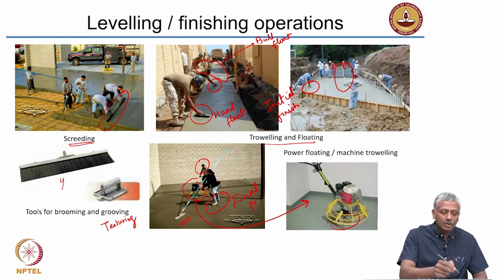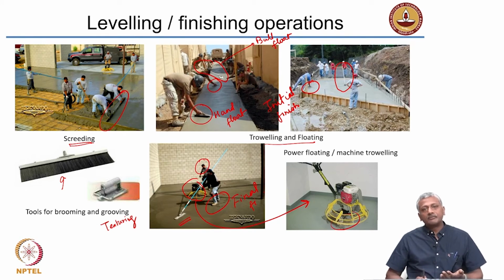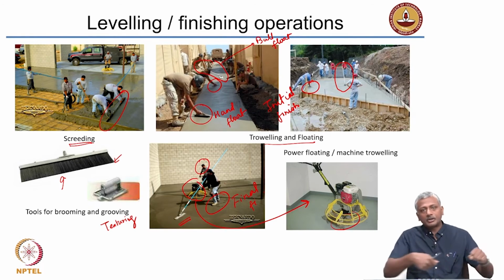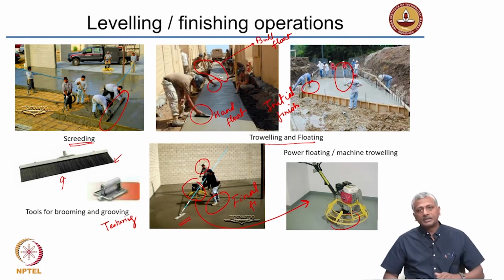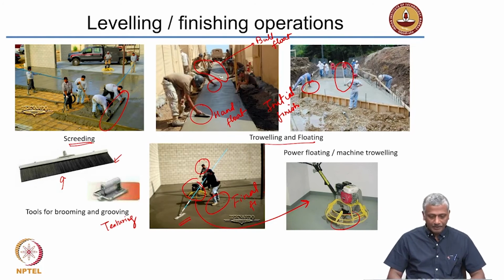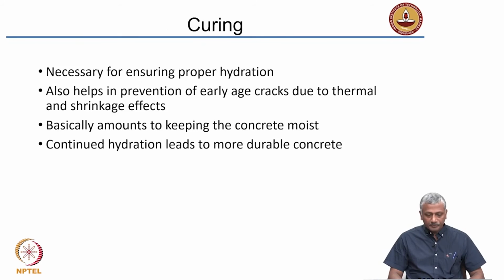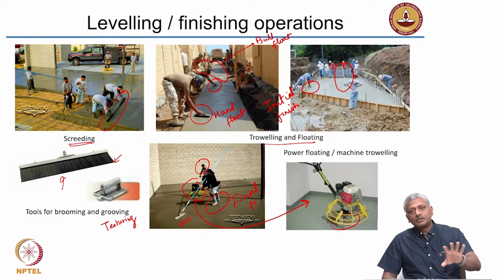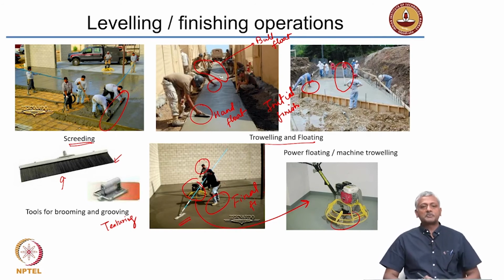Or sometimes you may want to have a slightly rougher surface which has a broomed finish. So, you take this broom which has these sharp bristles at the edge, and you rub it on the concrete surface and give a broomed finish. In most cases, this is done for pavements and for parking areas. So, again the texturing is usually done to provide certain characteristics to the top surface to make it possible for use in specific applications.